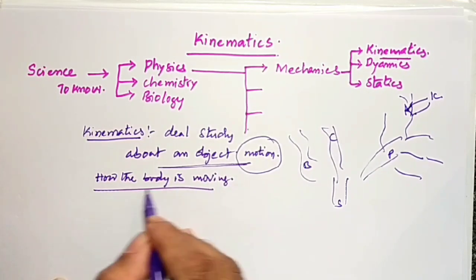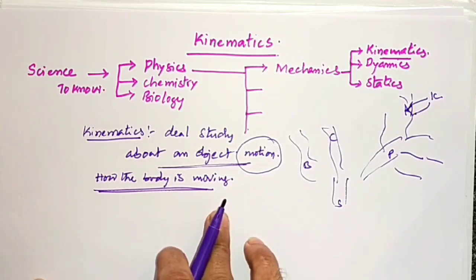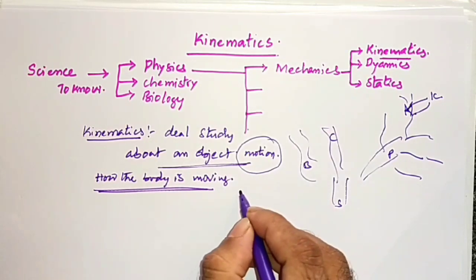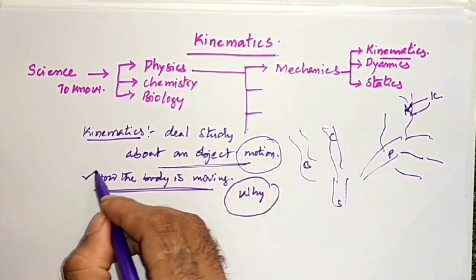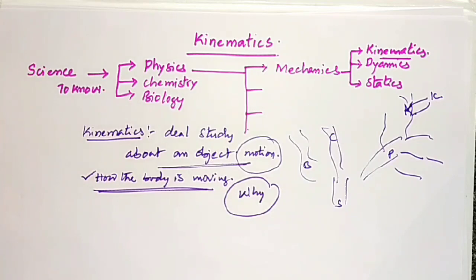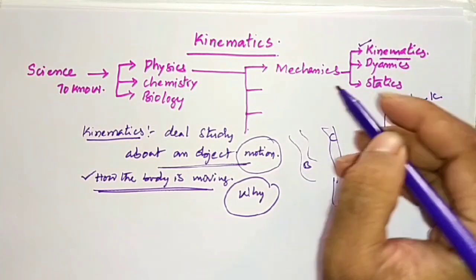We are going to learn in kinematics the different parameters when the body is moving. We do not learn why the body is moving. Just we learn how the body is moving. That branch of mechanics is known as kinematics.